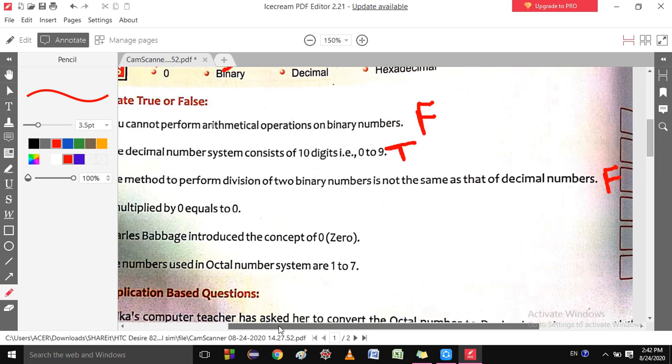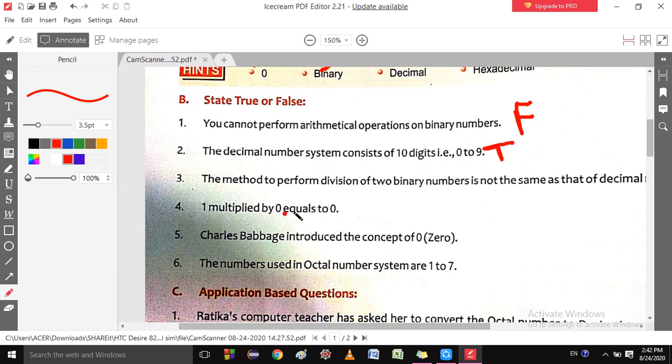Next one. A multiplied by 0 is equal to 0. Definitely it is true. Charles Babbage introduced the concept of 0. No, Aryabhata introduced the concept of 0. So this is wrong. Next one. The numbers used in octal are 1 to 7.